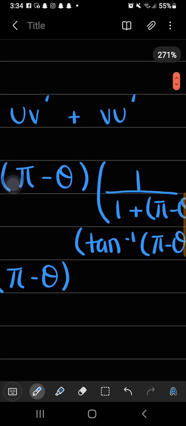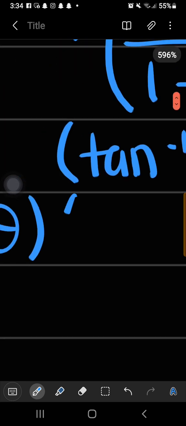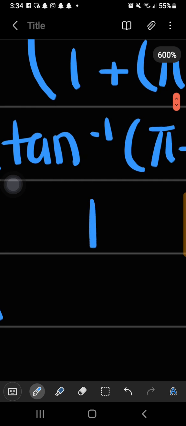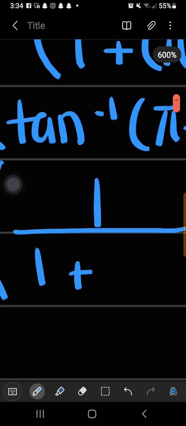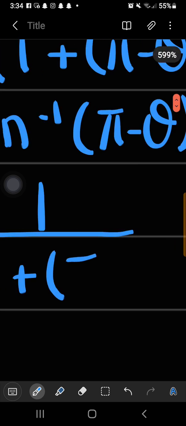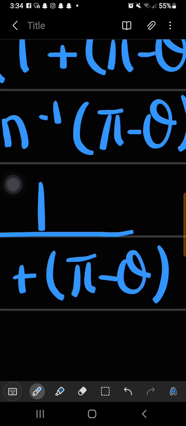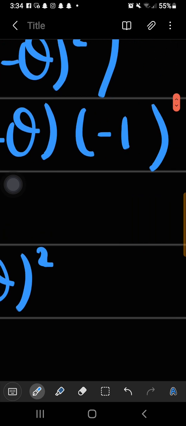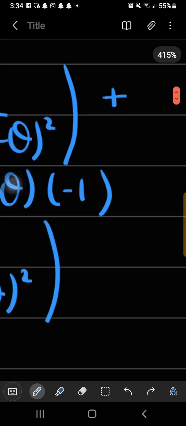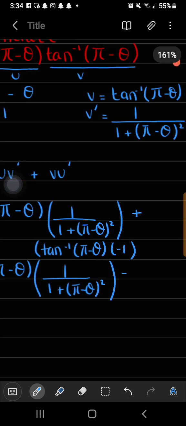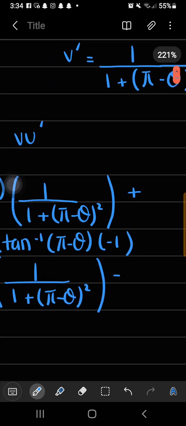This is (pi minus theta) times 1 upon 1 plus (pi minus theta)'s whole square. Now this minus is multiplied with this, so we will write here minus tan inverse (pi minus theta).